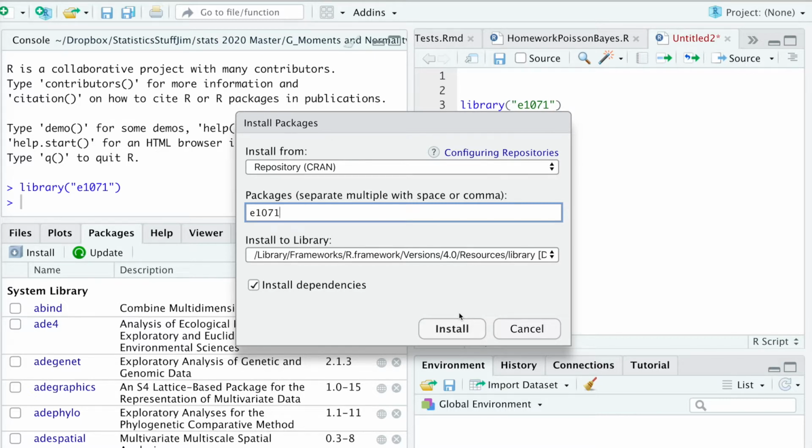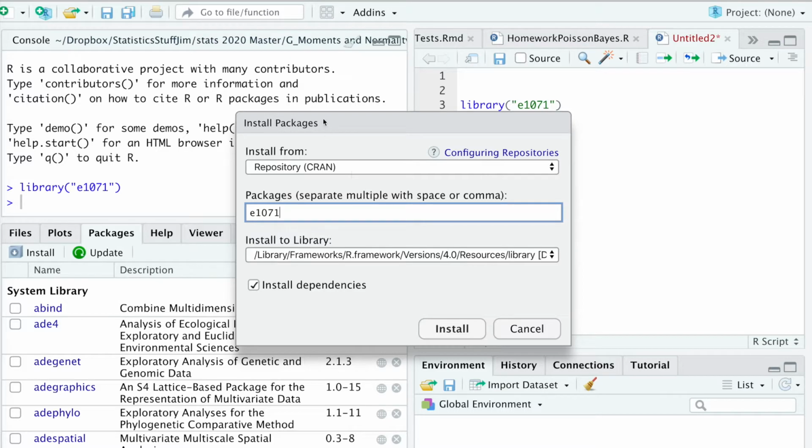When you're doing this, make sure that install dependencies is checkmarked. A lot of R packages will call other R packages, which means that you might think that you're just installing one, but you might end up installing 5 or 6 other packages if a particular package is calling other libraries.